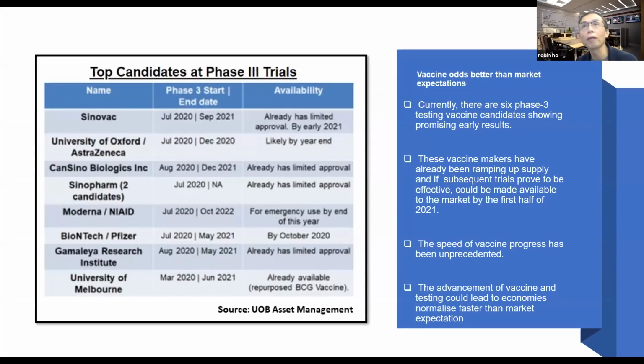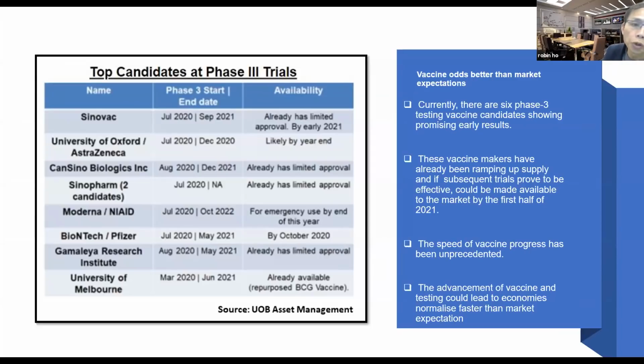The problem with vaccines now is, I don't think it's really a question of whether we're going to get a vaccine. The question is, when we get a vaccine, are we going to be able to produce them in sufficient numbers for distribution on a global scale? That is a tough question.